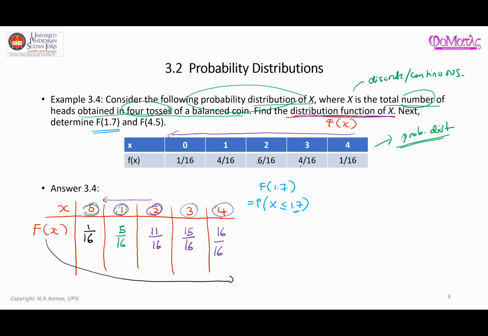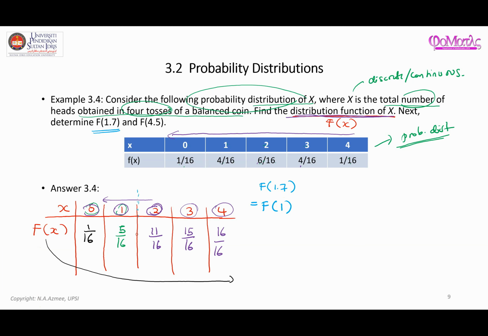Well, therefore, or if you don't want to think about it in that manner, what I can suggest is we can straight away consider this as equal to finding the value of F(1), because 1.7 is in between 1 and 2.